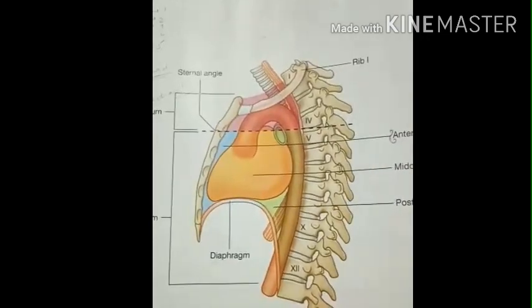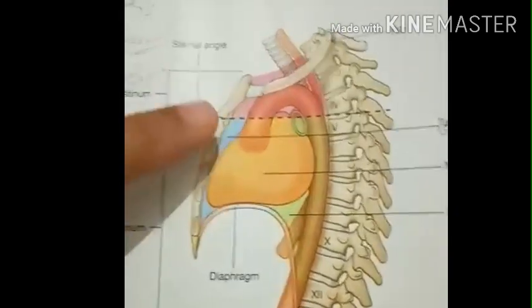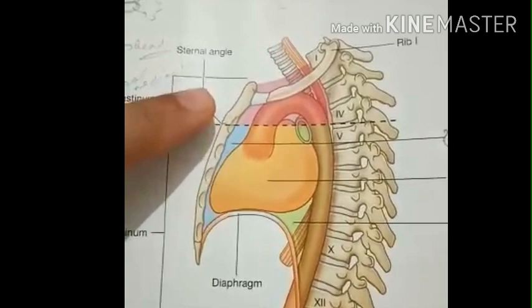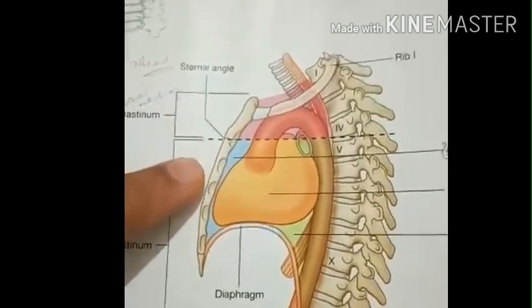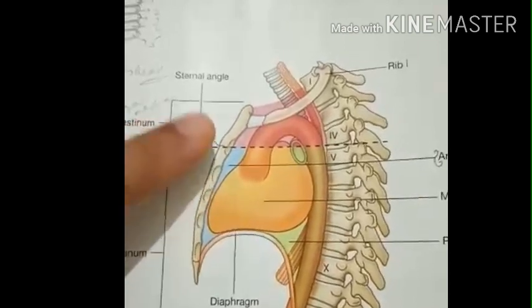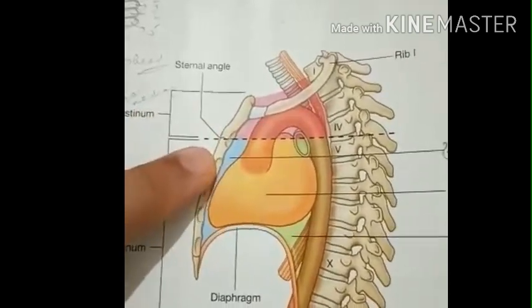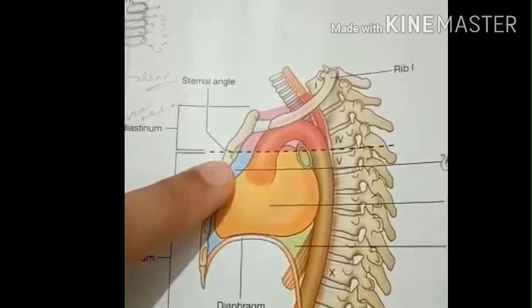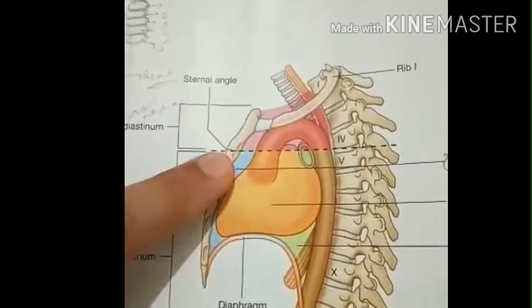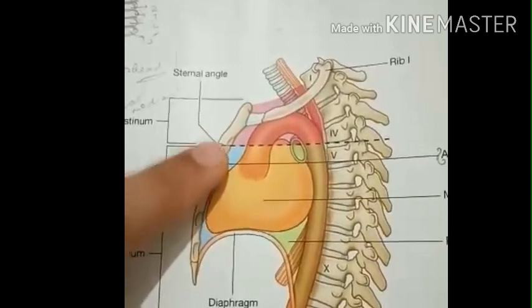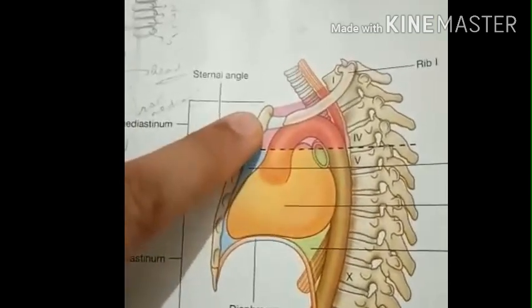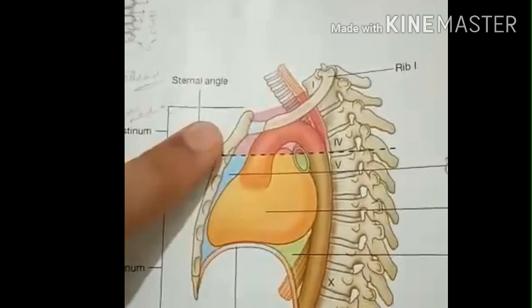You can see in this picture that there is a manubrium anteriorly and sternum, and between the manubrium and the sternum there is an angle which is known as the sternal angle. This sternal angle is of utmost importance because, as you see in the diagram, the first rib articulates superior to this angle, and here only the collarbones come.